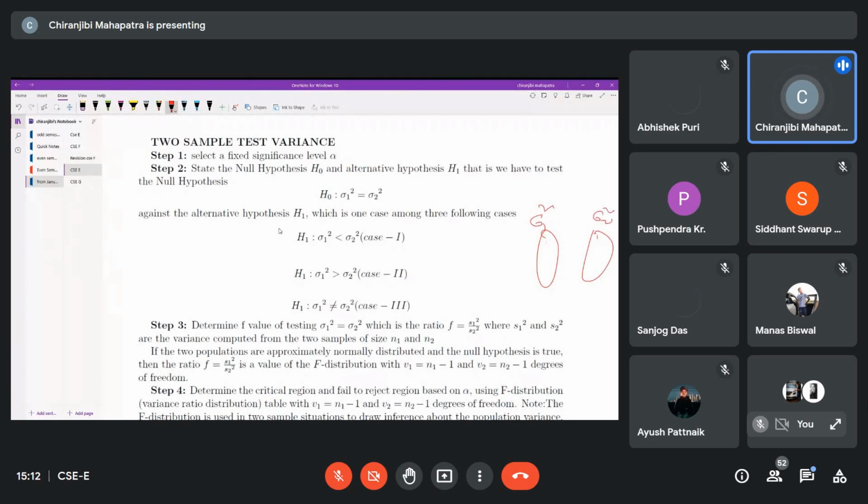You want to check whether these two variances are equal or not. So H naught: sigma 1 square equals sigma 2 square against the alternate hypothesis H1, which is one of the cases of the alternate hypothesis.